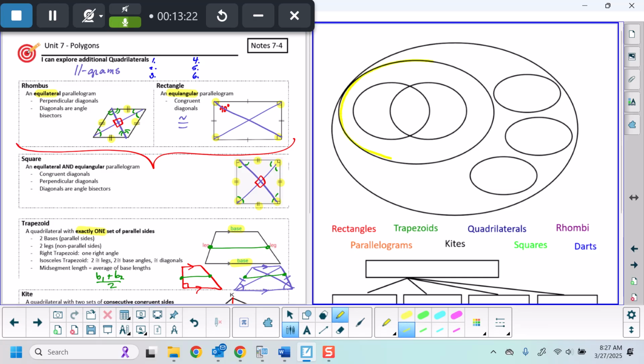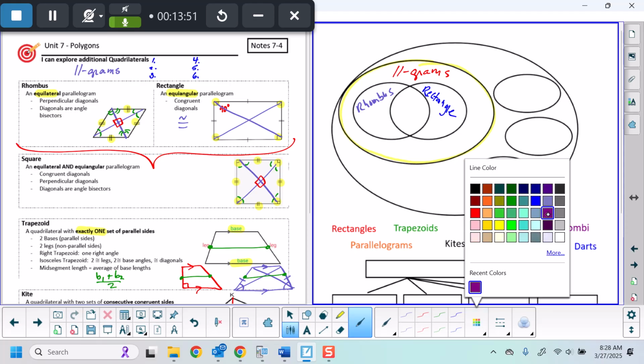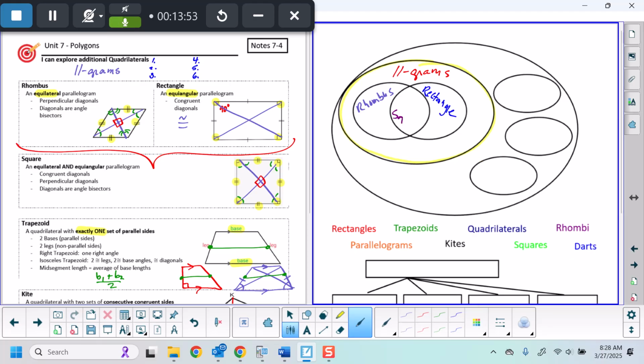I have my parallelograms first, and then in each of these, whether I have my rhombus or my rectangle, those two things together give me my square.